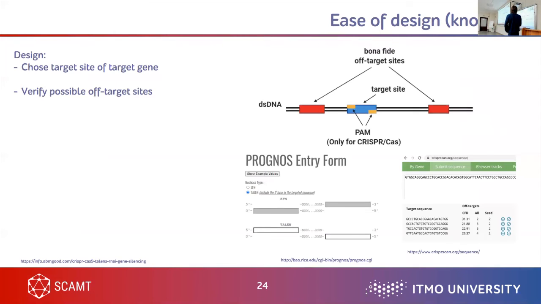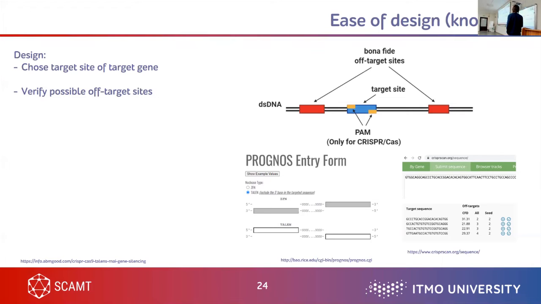So let's talk about ease of design. First, if we are working with knockout tools, first of all, we need to choose the target gene or target site of the target gene and verify possible off-target effects. We can choose the target site of the target gene in genetic databases, and it's very simple.